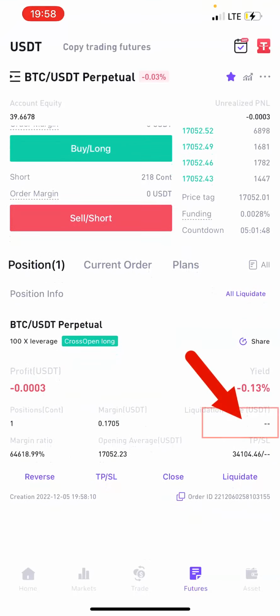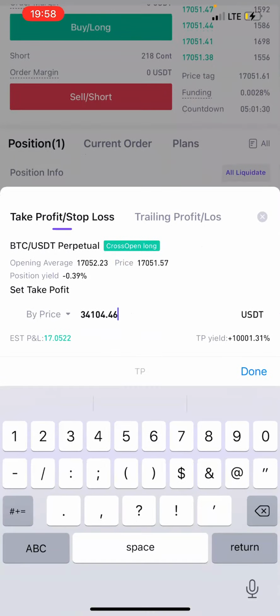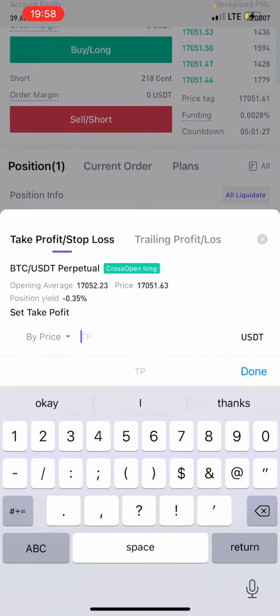As you can see now, the liquidation price here is 0. So there is no liquidation price, but the only difference is that the profit I'm going to be making with this is going to be quite lower compared to when I'm using isolated x. That's just the difference. Let me click on take profit and change the take profit to 17,800.